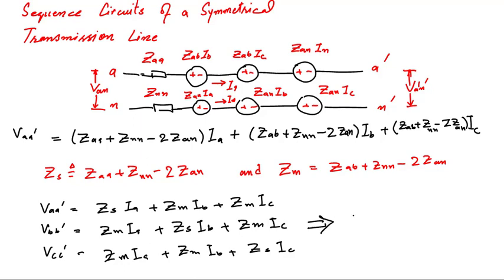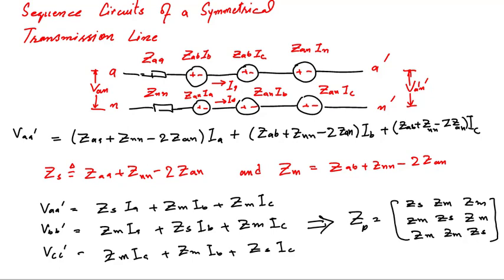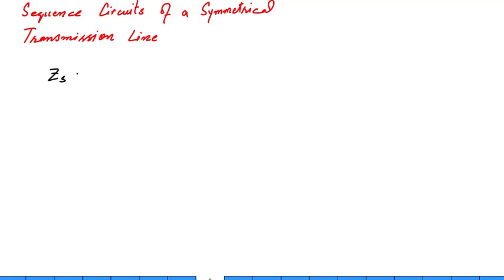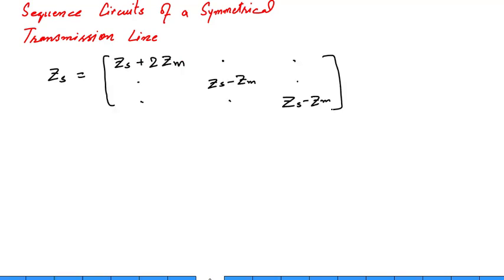From here the phasor matrix will be, and if we multiply that matrix from left side with A inverse and from right side with coefficient matrix A, that sequence will be equal to, and in this sequence impedance, the zero sequence impedance Z0 is equal to Zs plus 2 times Zm. Z positive is equal to Z negative sequence, and that is equal to Zs minus Zm.